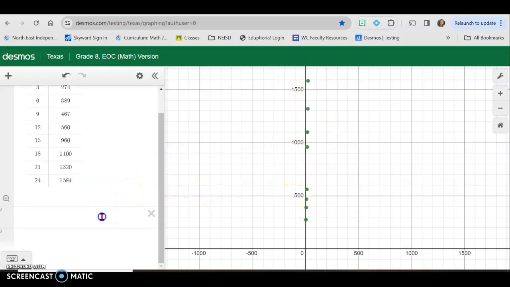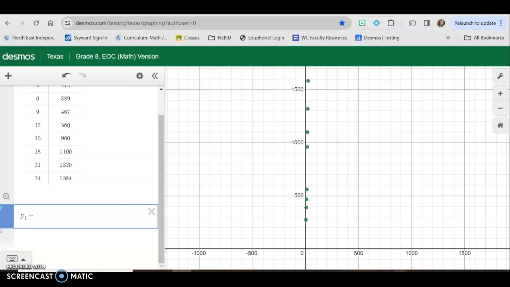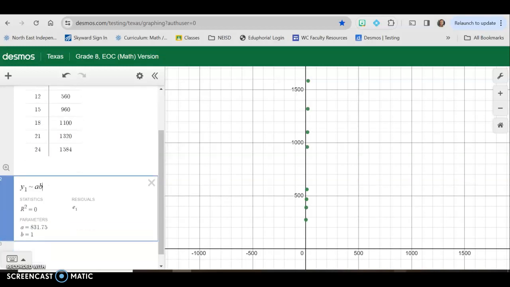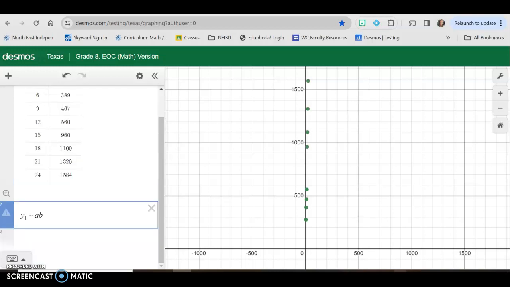Now to get the equation, the A and the B value, remember, go to the second line, type Y1, and then the squiggle, which is right next to the number 1 on your keyboard, A, B. Now, a lot of people forget this part, how to make an exponent. So hit Shift 6 to make an exponent, or you could hit your keyboard.